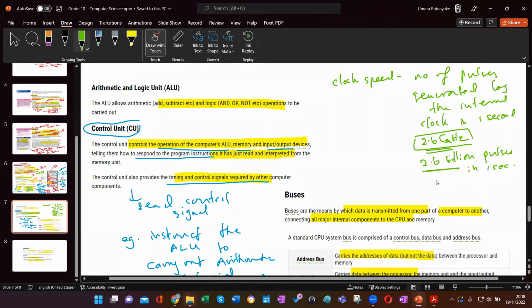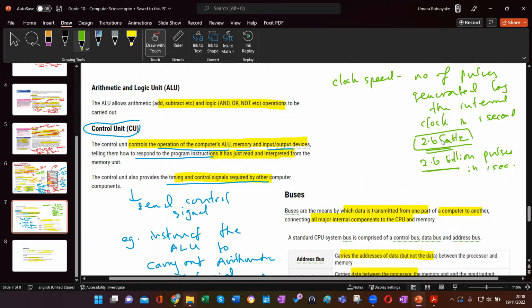For these pulses only, instructions are carried out, because for these pulses only the control unit works. Control unit works means the whole processing takes place. So the more pulses generated, the more processing can be done. That's why it's going to be fast.